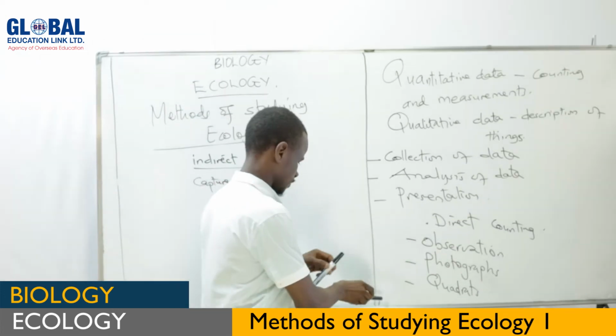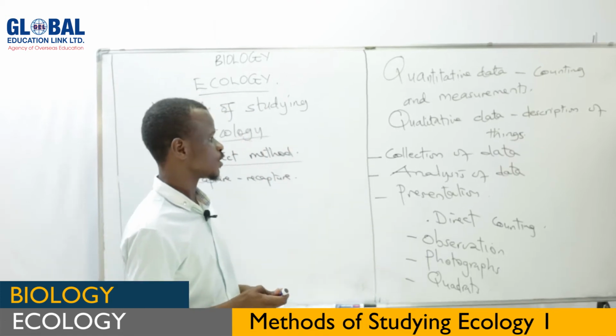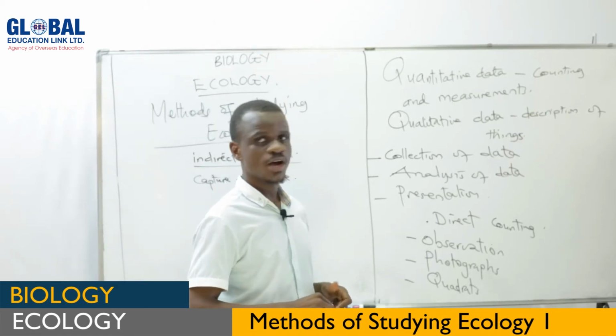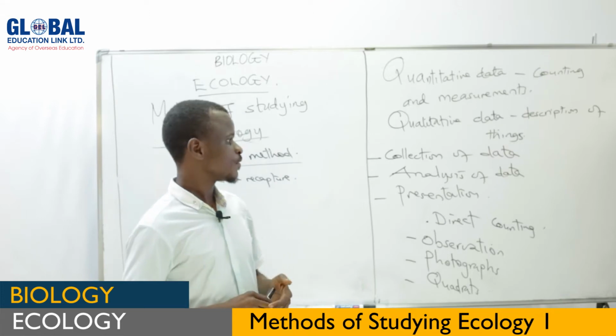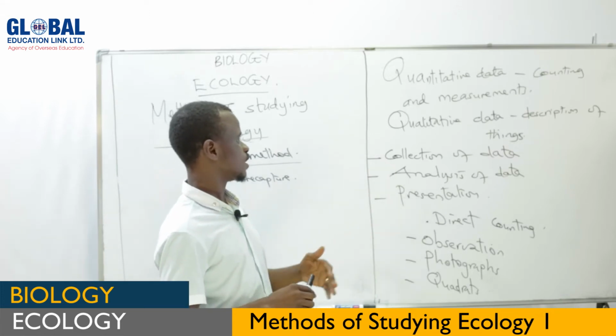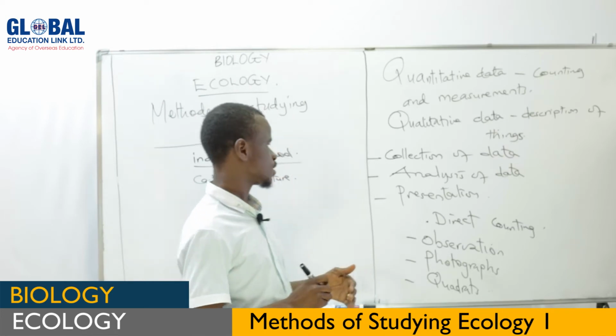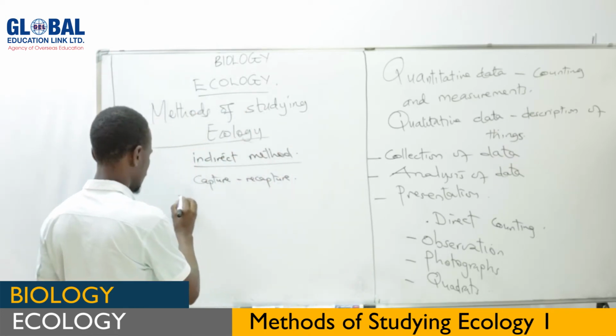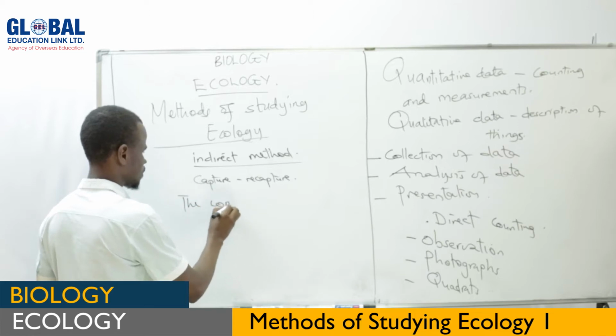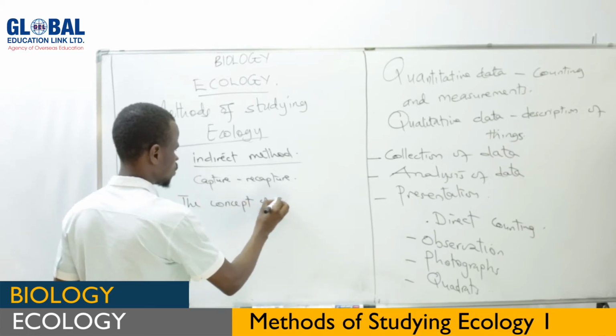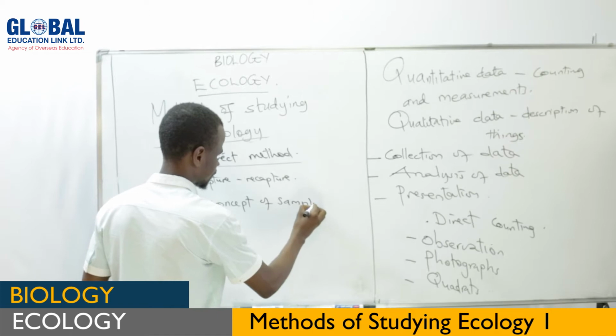Now, my students, how are ecological data collected? If we want to know the details of data collection, we have to learn another concept, and the concept is called sampling. Let us check the concept of sampling.